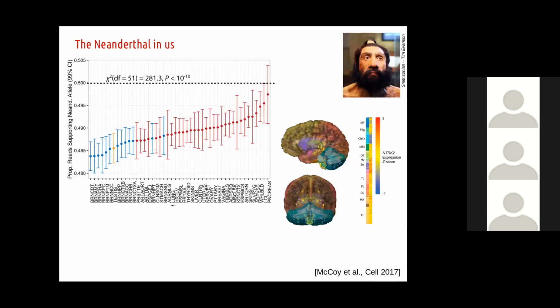Another thing I found really interesting is that we can connect again with evolution, but looking also at genetics. I hope by now you know that we all have some Neanderthal genes. That's part of us. But those genes are thankfully usually downregulated in terms of gene expression.